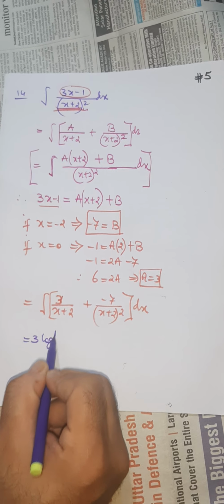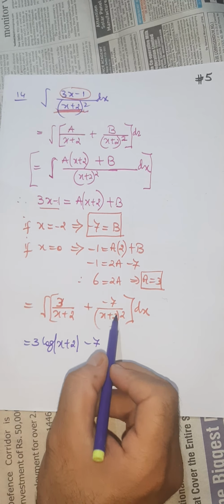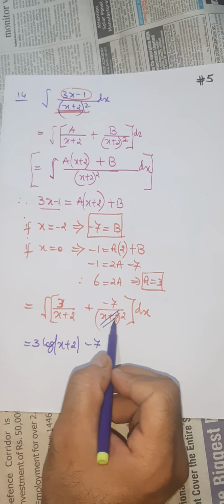This is log of mod of x plus 2. Minus 7, this is linear. This is like x raised to minus 2, remember. What's the integral of this? X plus 2 raised to minus 2 plus 1 upon the same number, minus 2 plus 1, plus c.